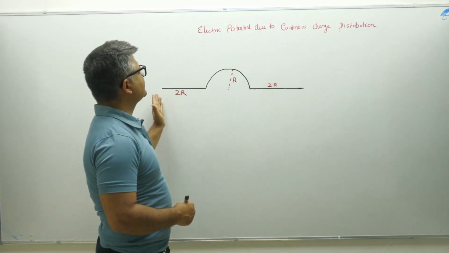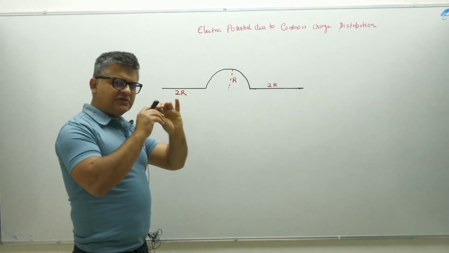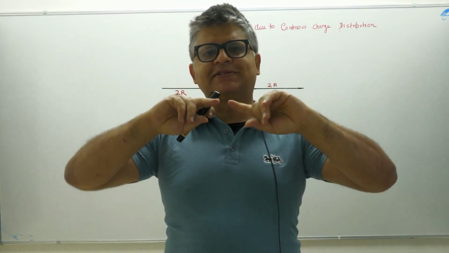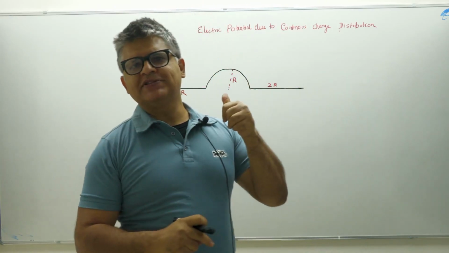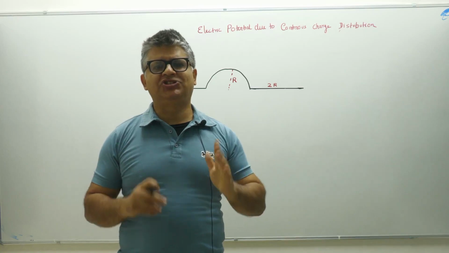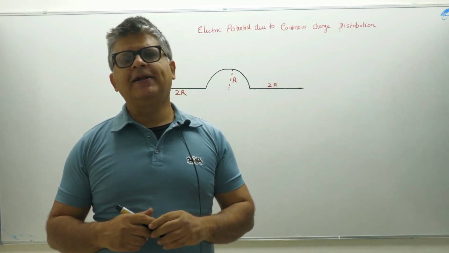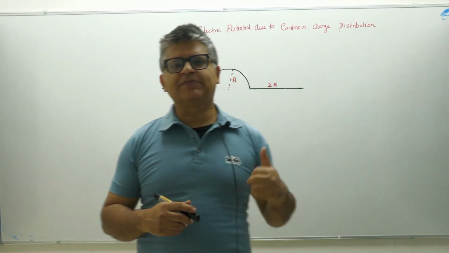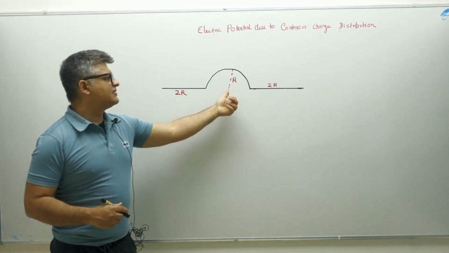All right, so you have this wire. You had a wire, and this wire was changed into a particular shape, which you can see behind me. It's a uniformly charged wire. And the question is you have to find the electric potential at the center of the semicircle.